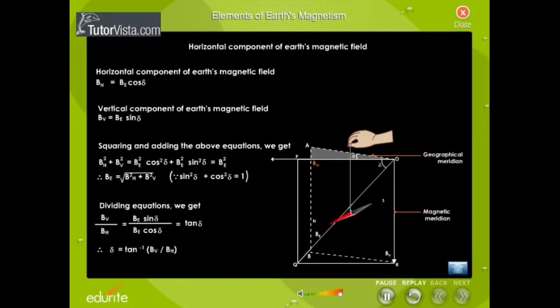By knowing the values of theta and delta at a place, we can determine the direction of the magnetic field BE, and if we know the values of BH and delta, the magnitude of the Earth's magnetic field BE can be determined. Thus, theta, delta and BH give complete information about the Earth's magnetic field at any particular place.